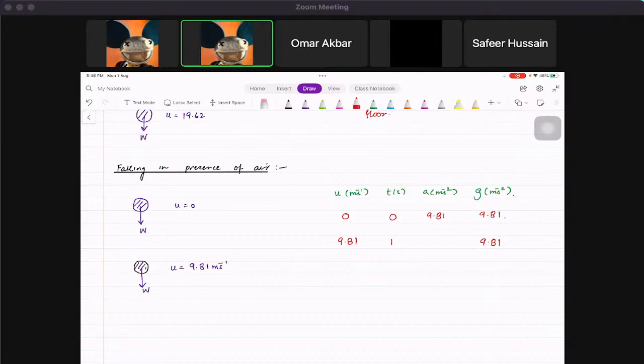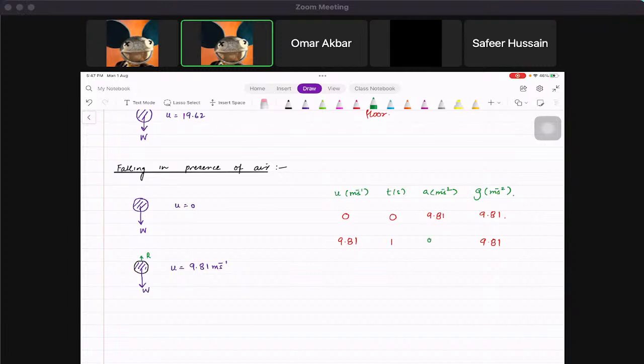The reason is that the air will cause a little bit of resistance against the velocity, because air resistance is always sort of a dynamic friction which causes an opposing force. This means the acceleration might reduce to some value, say, let's just take 8.